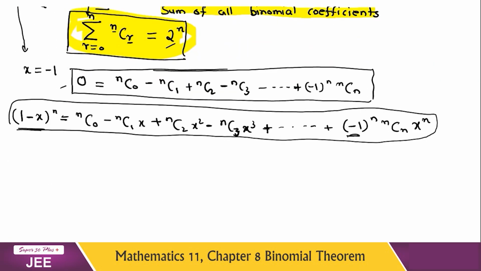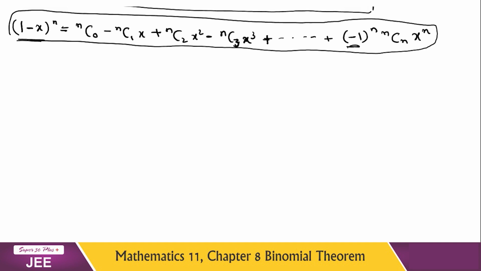So let's move forward. Okay students, now just for your practice, let us consider an example. Suppose we have to write down the expansion of (x² + 3/x)^4. Here x is non-zero.